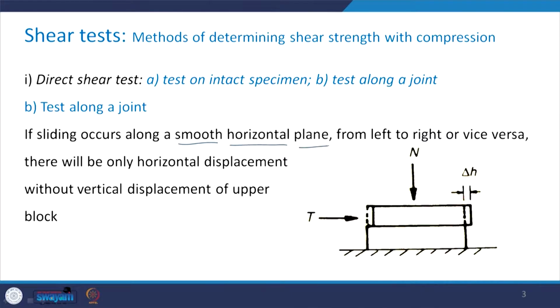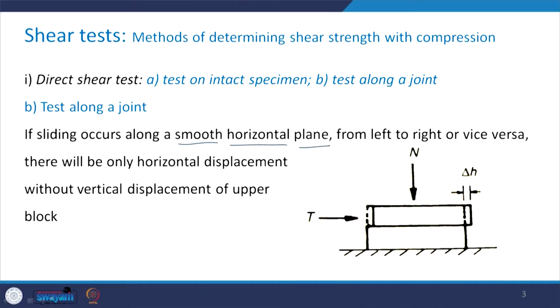Now, as I mentioned, the joint surface can be smooth, wavy or rough. Let us say the sliding occurs along a smooth surface which is also horizontal, that means the sliding is occurring along a smooth horizontal plane.